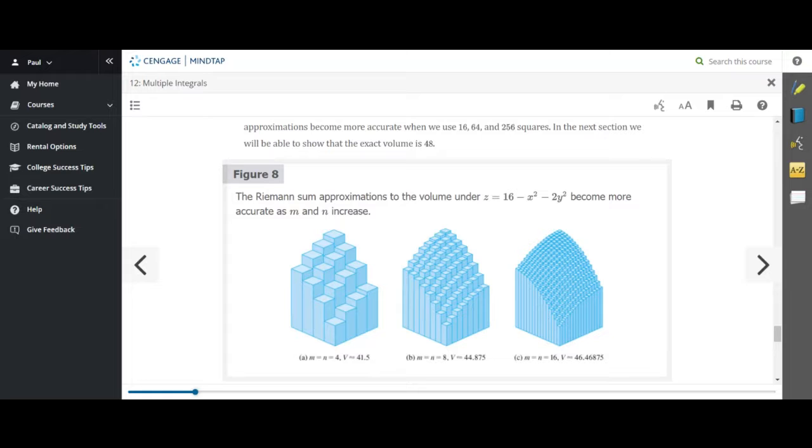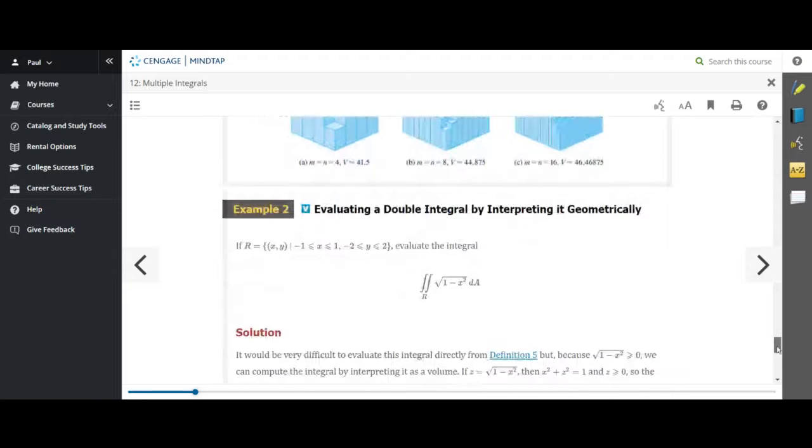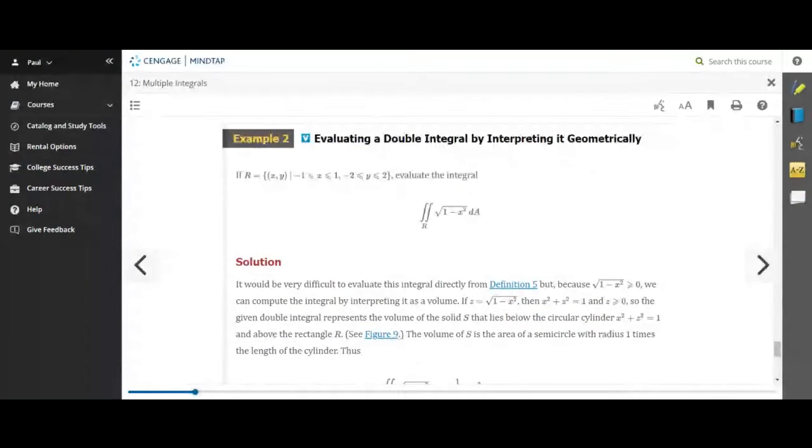Are there any questions about this? Okay, well then let's continue on here. So in example 2, we want to evaluate this double integral.